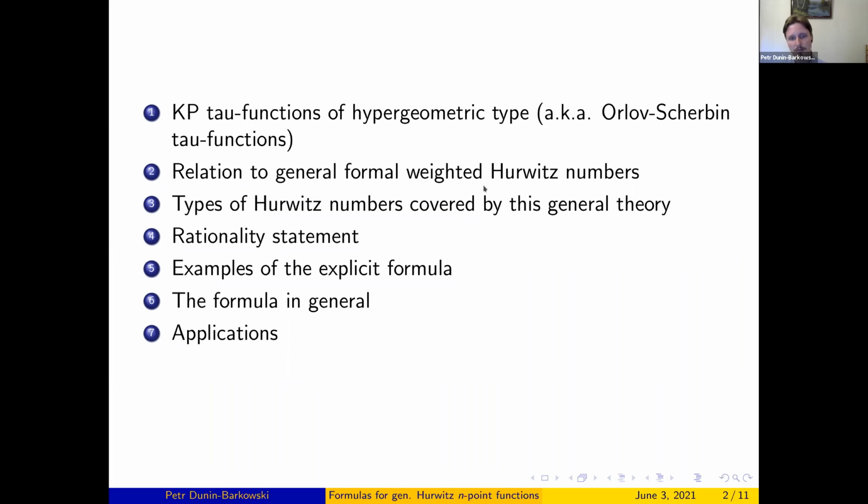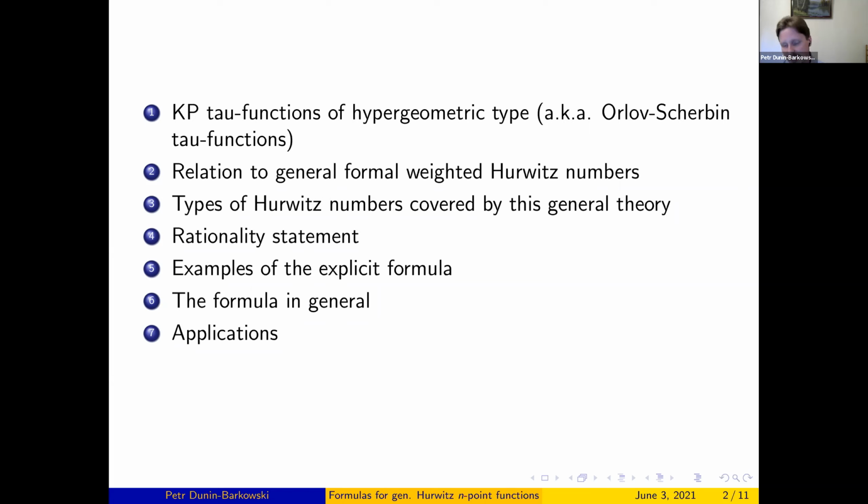Then I will make a rationality statement, which is our theorem in our paper regarding the endpoint functions of these Hurwitz numbers. I will provide explicit examples of how this formula works, and then I will give a general formula which works in all situations, and I will briefly discuss applications.